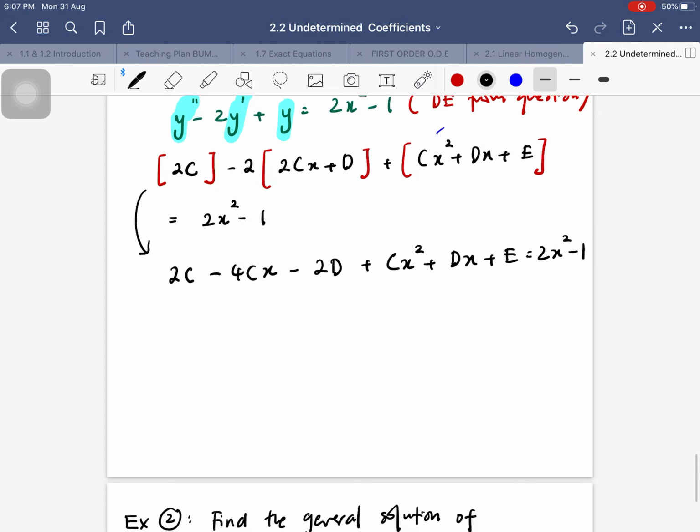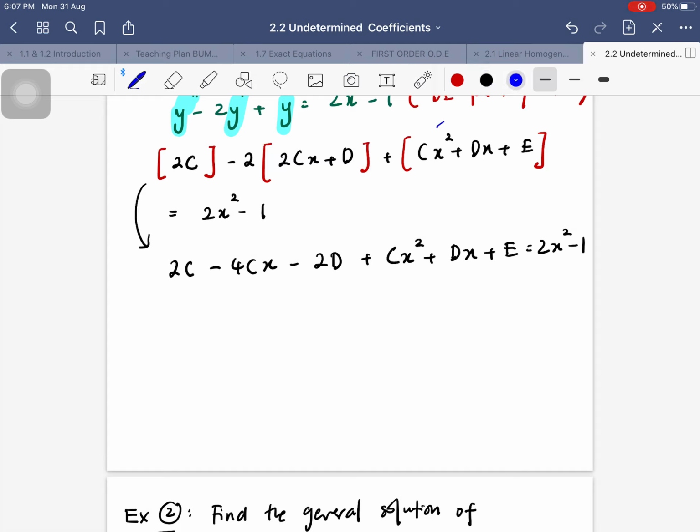And the next step I'm going to do is I'm going to rearrange them. So I'm going to start with the highest power until the lowest power, which is going to be the constants. So I'm going to start with the highest power, which is going to be cx squared. So this is going to be the term, and then I'm going to put together all the terms with the x. Okay, I'm going to factor them, so which is going to be this and that, for which I'll get negative 4c plus d.